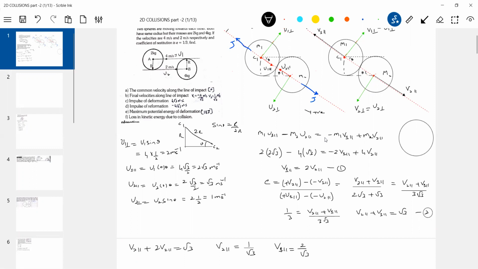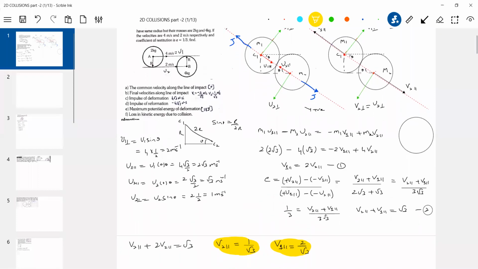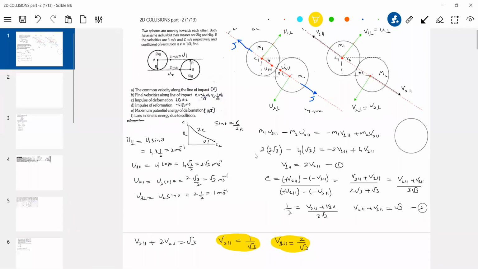Minus 2 by root 3, sir. Why? What happened? Only magnitude. Yes, only magnitude I'm finding out. Keep it here. So we have this particular thing. So what are the final velocities now? What about V1, V2? I think I can't reduce it further than this. This is the least thing.